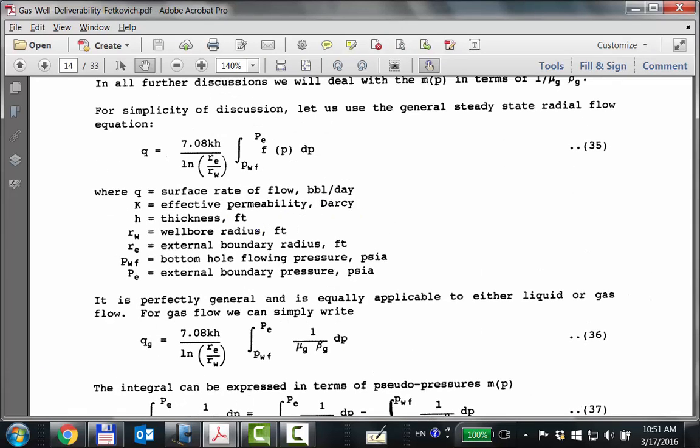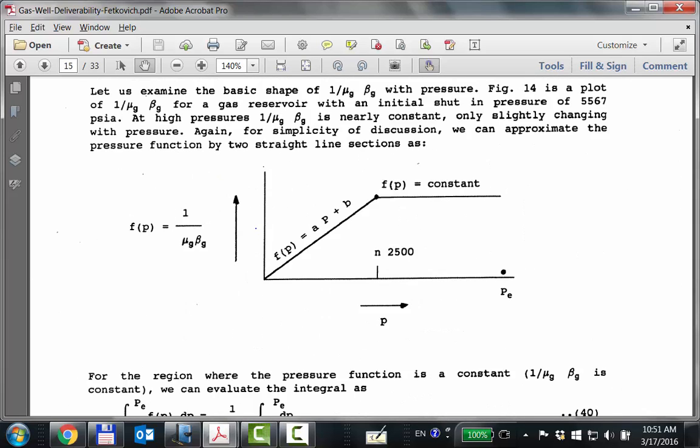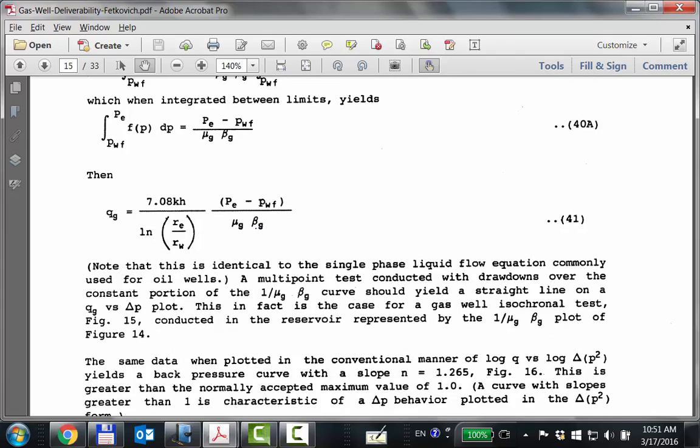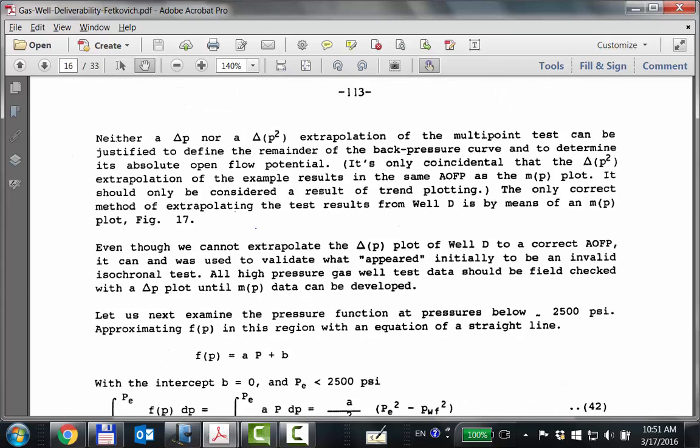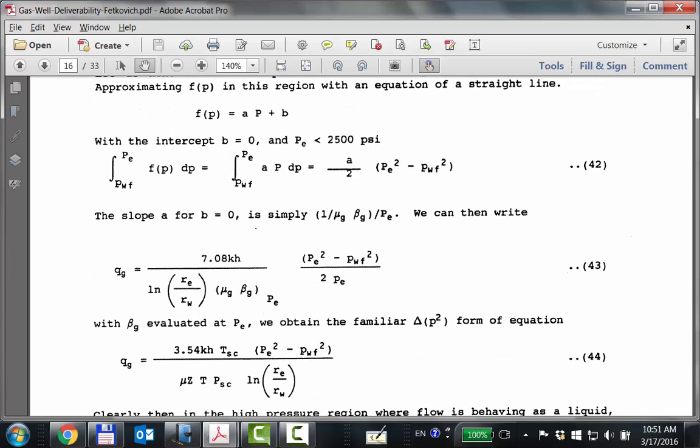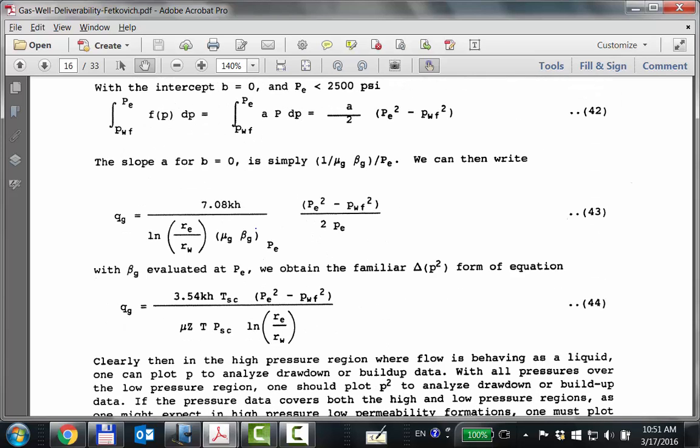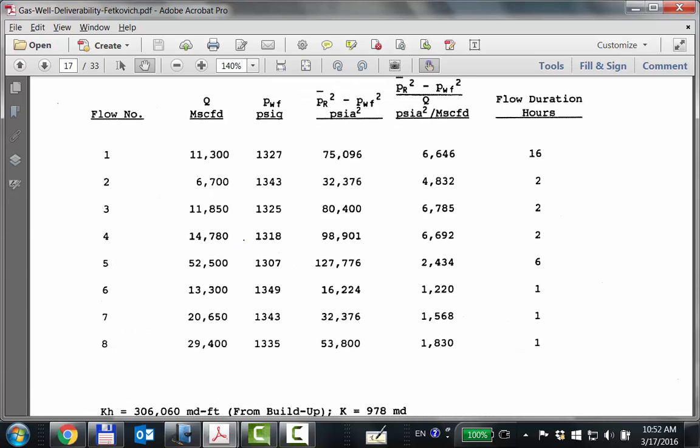Let's see, he's got barrels per day. You see here he's got the TSC, PSC.